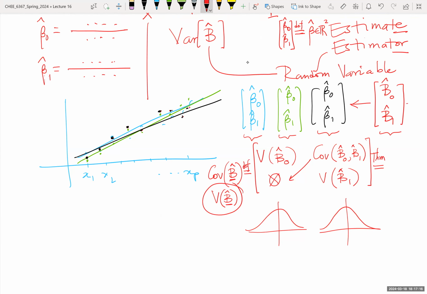I explain this is by definition the vector beta capital hat. You can show that this is equal to sigma square of noise, the variance of noise, times this matrix X transpose X inverse. This is a famous matrix. It's so important that it's called the information matrix.